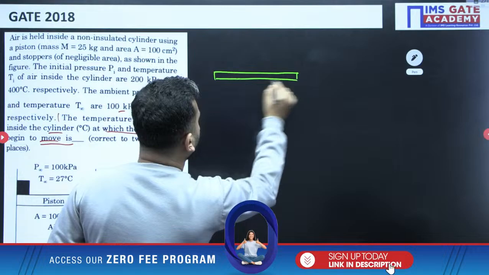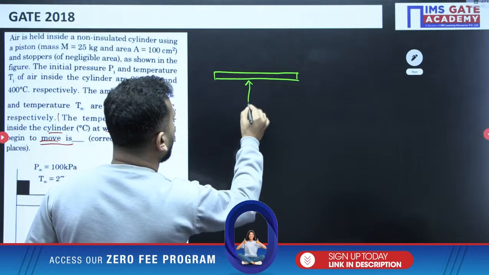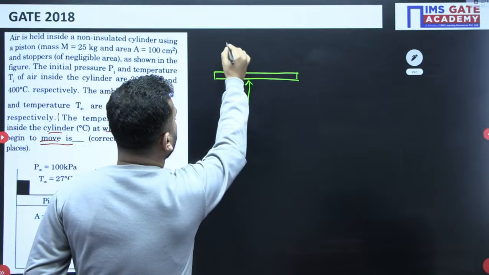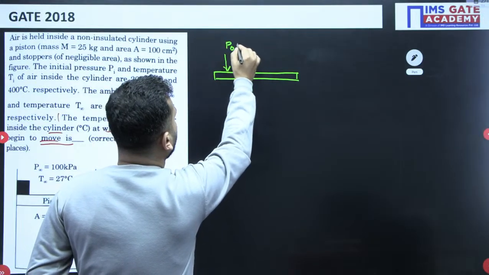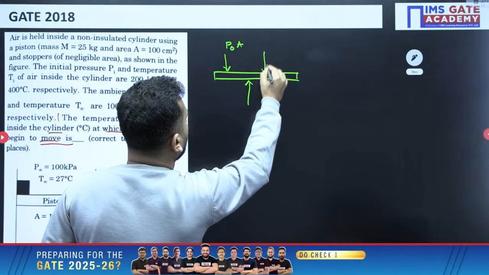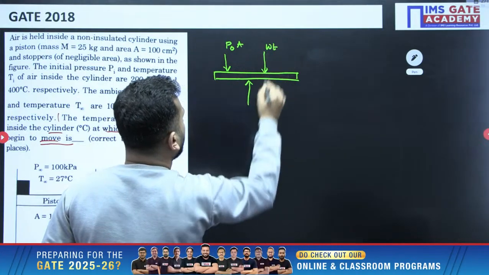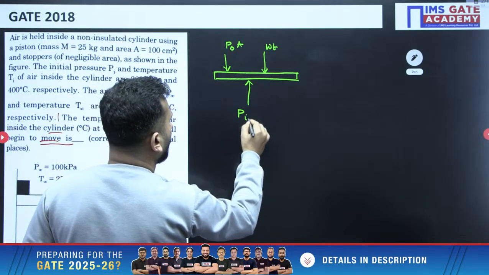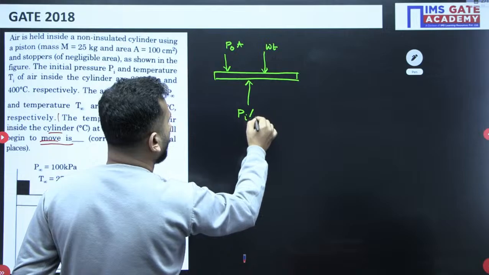There are forces over here: some pressure from above, atmospheric pressure, that is P naught into area, and the weight of the piston, and from below the initial pressure of the gas into area.